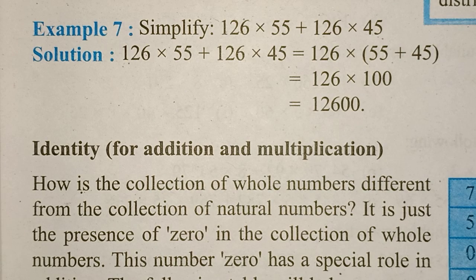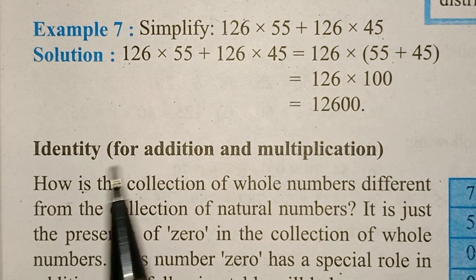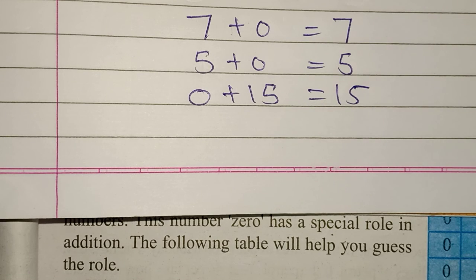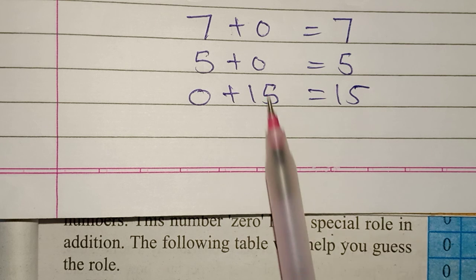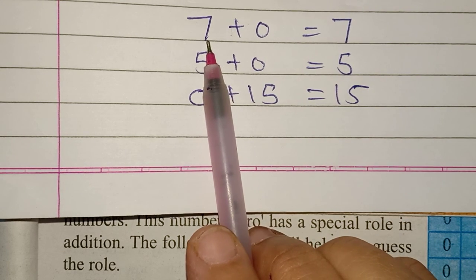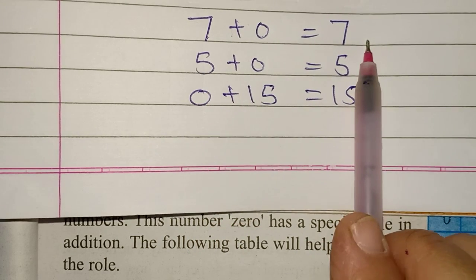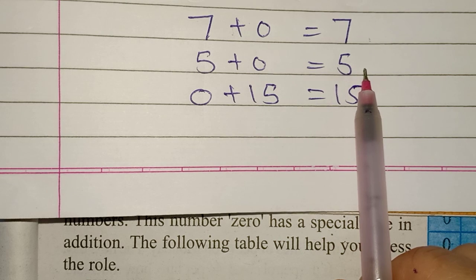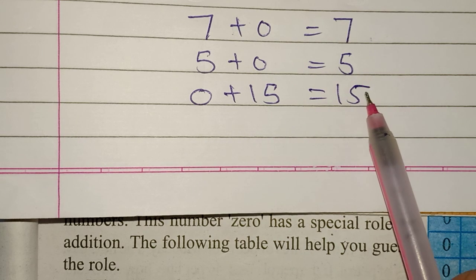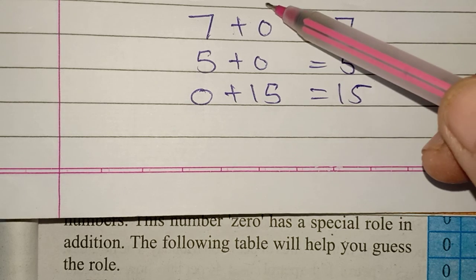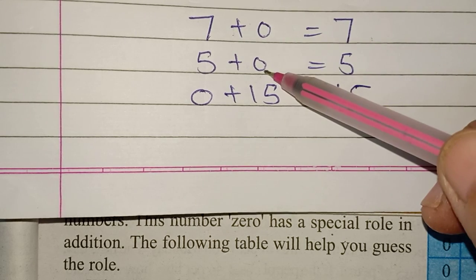Now let's check identity for addition and multiplication. First, the identity for addition. When we add 0 to any whole number, like here I have written 7 plus 0, the answer is 7, the number itself. 5 plus 0, the answer is 5. 0 plus 15, the answer is 15. This number 0 has a very special role in addition.